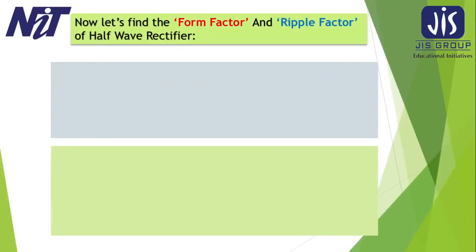Now let's find two more important factors for a half wave rectifier, or any kind of rectifier. They are the form factor and the ripple factor, and these two concern the quality of the rectifier. These two factors define the quality of your rectifier.